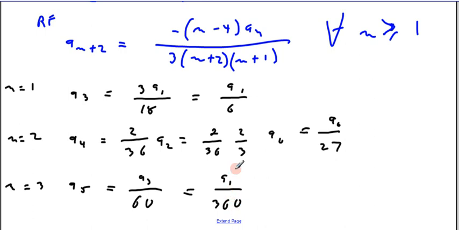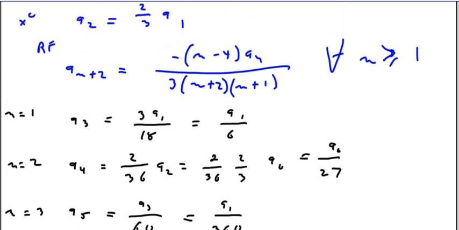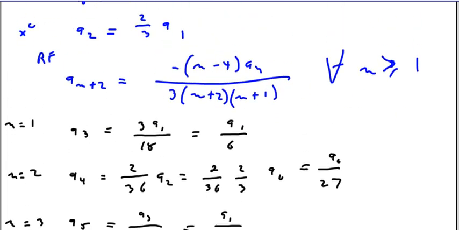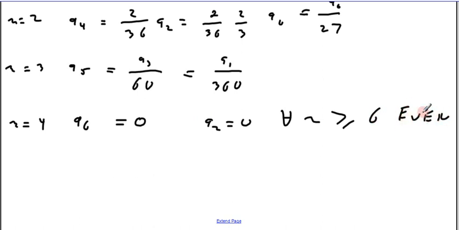Okay. And then we're going to look at n is equal to 4, a6, and we see that that's equal to 0. When I put a 4 in my recurrence formula, I get a 0. So at that point, I know that the rest of the even coefficients a_n are going to be 0 for all even n greater than or equal to 6. I still have odd ones, but I don't really need them right now because I think I have enough.